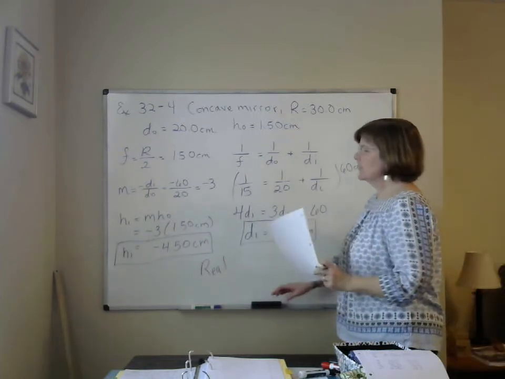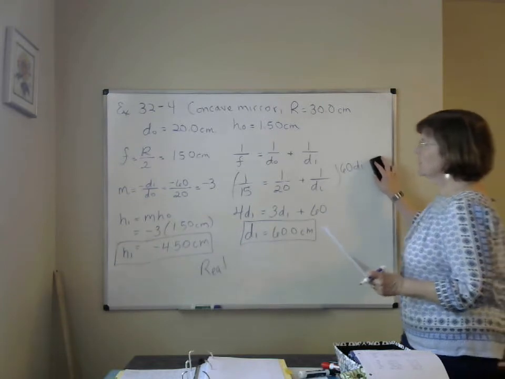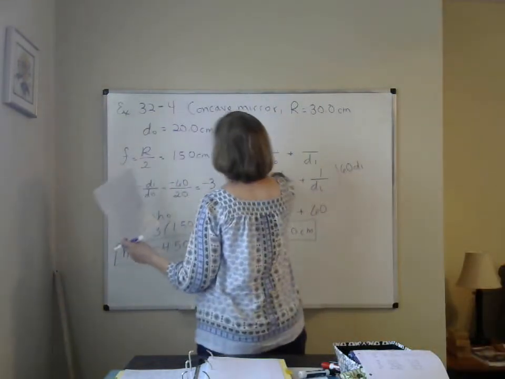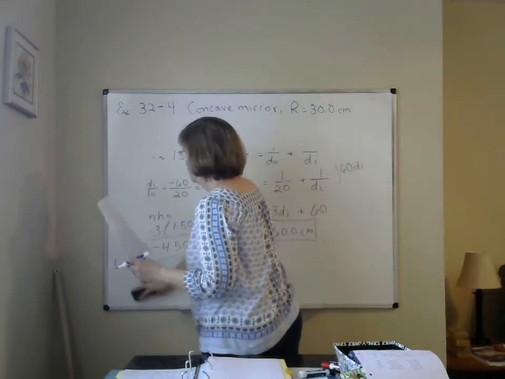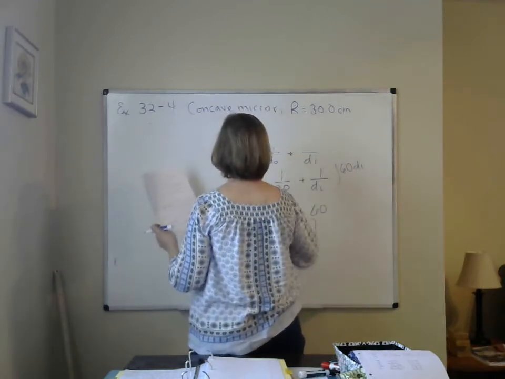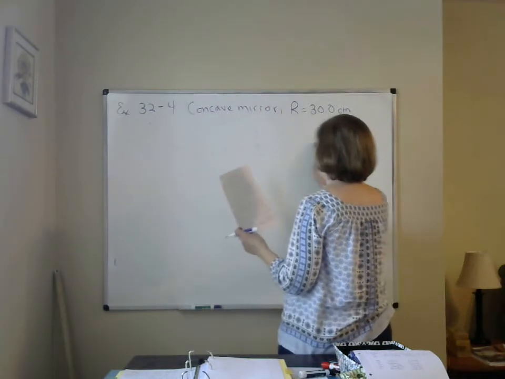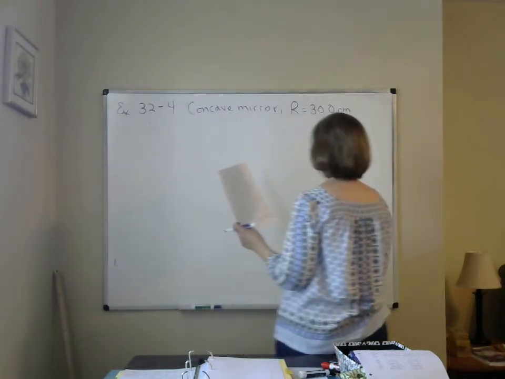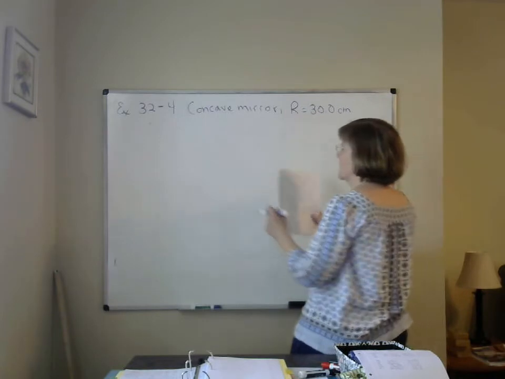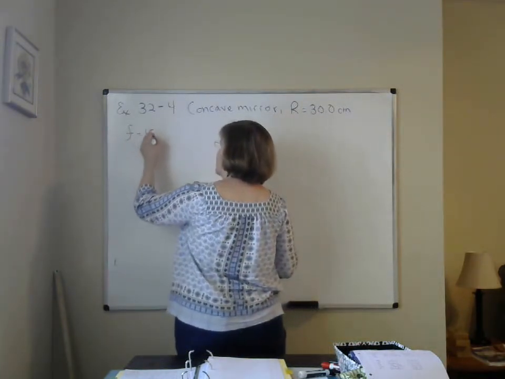There is another problem, very, very similar. We'll work it real quick. We're going to keep the same mirror that has a focal length, of course, we've already found. Since the radius of curvature was 30, we know our focal length is 15.